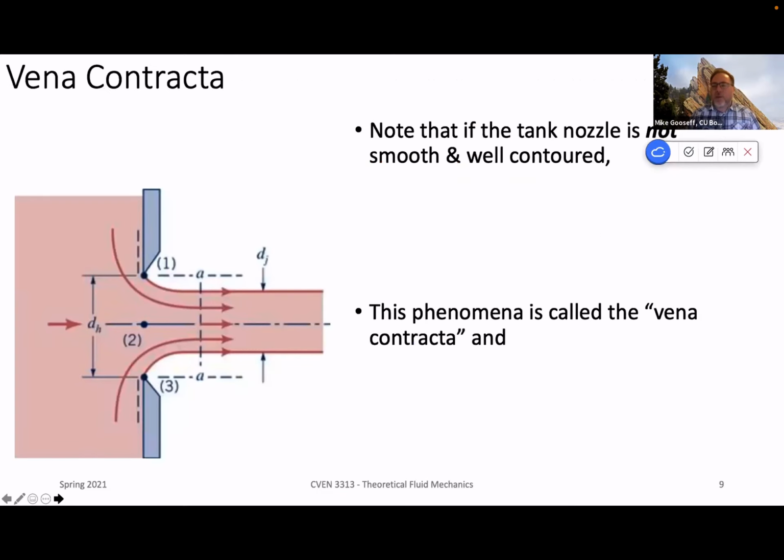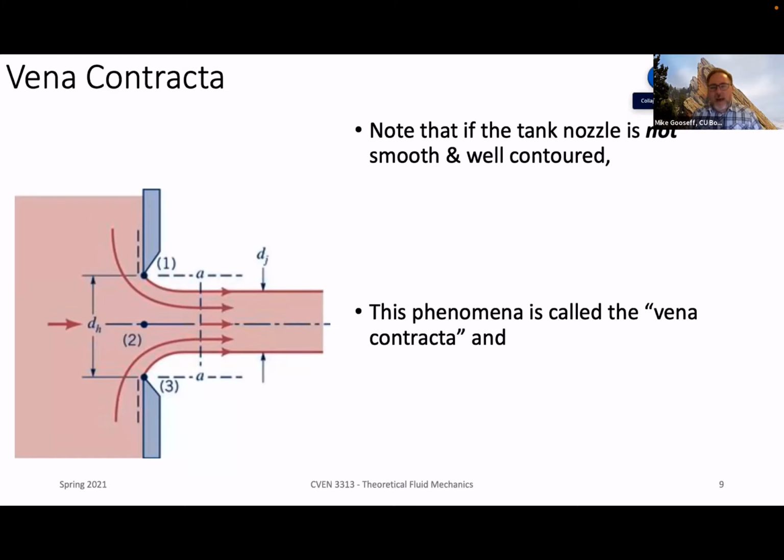Okay. One of the things that was in your book that I forgot to look closely at in the notes to see if I skipped in sequence last week is this concept of vena contracta. One of the things that's important about fluids is that they don't really like to make hard turns. They don't like to make sharp corners.